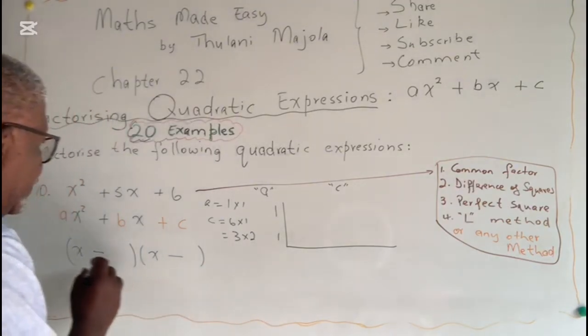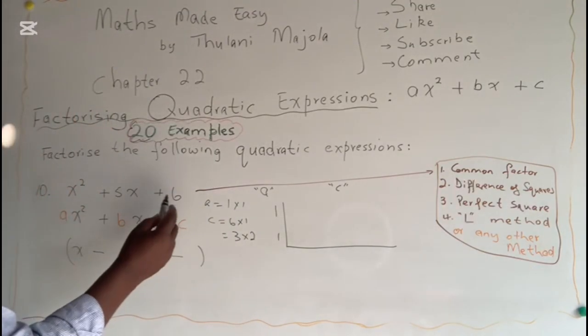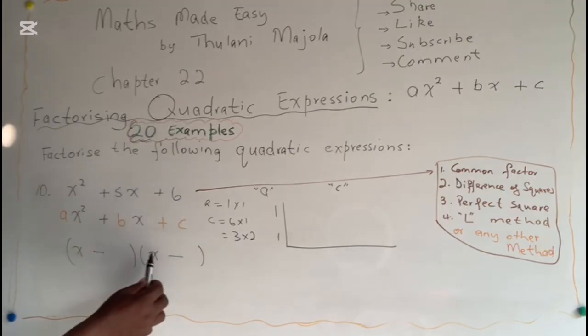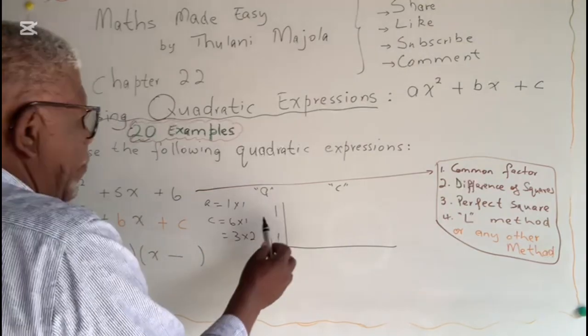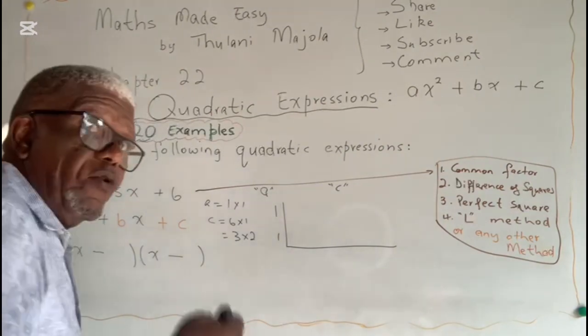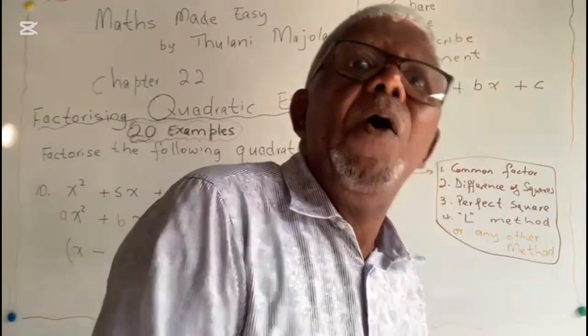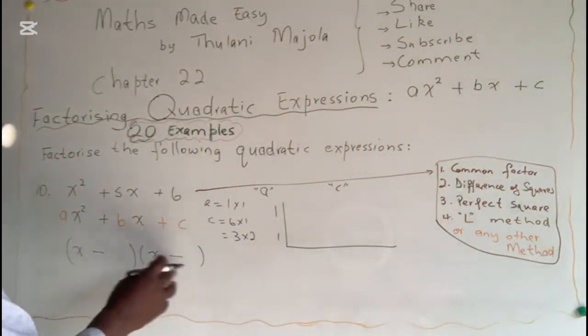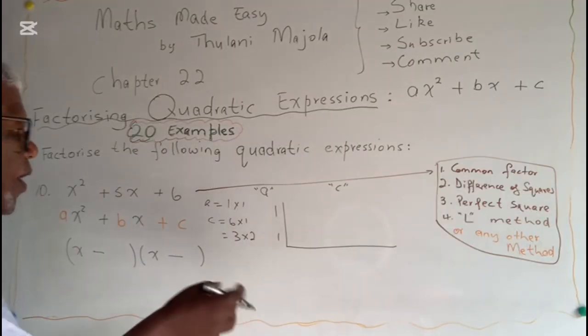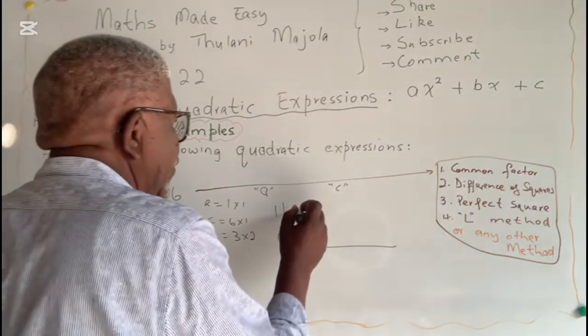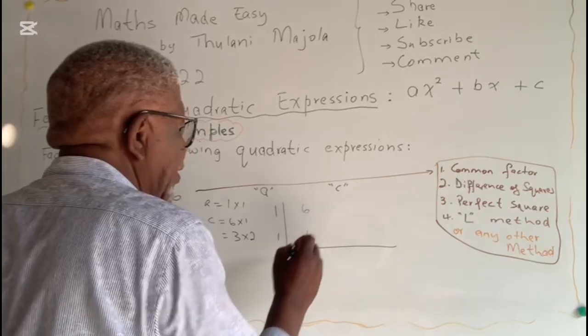And then the factors of 6, but 6 is positive. When 6 is positive, either the factors are both positive, positive times positive, you get a positive, or they are both negative, negative times negative, you get a positive as well, because you are multiplying them. So we've got the first one, 6 and 1.